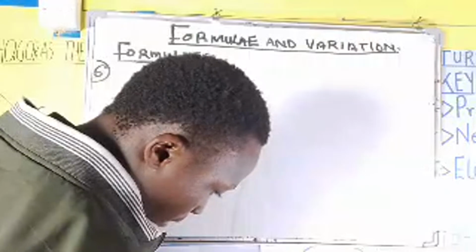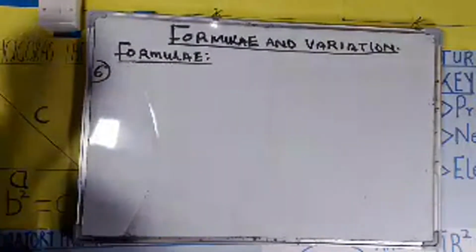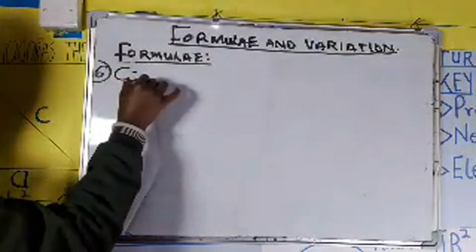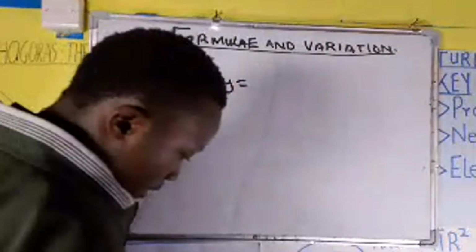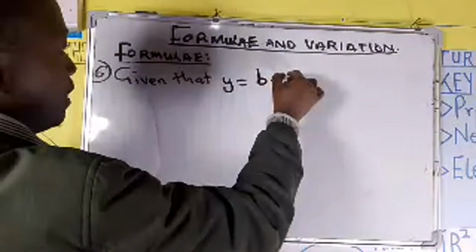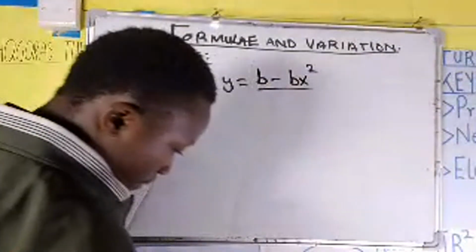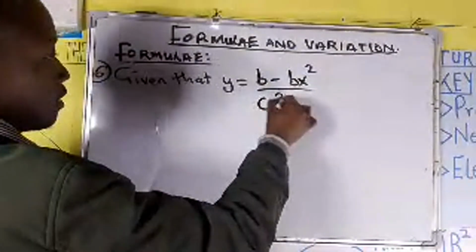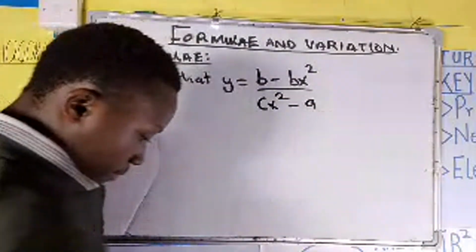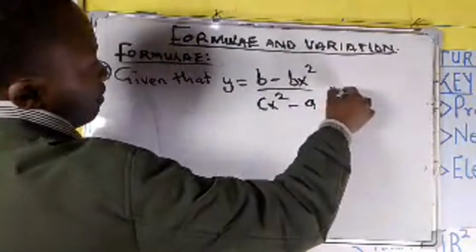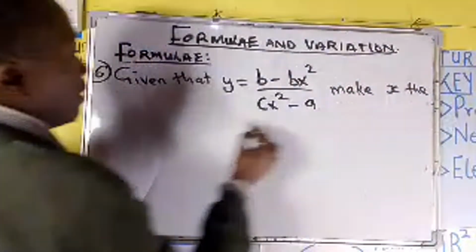Number 6, we have, given that y is equal to b minus bh squared over ch squared minus a, make h the subject.